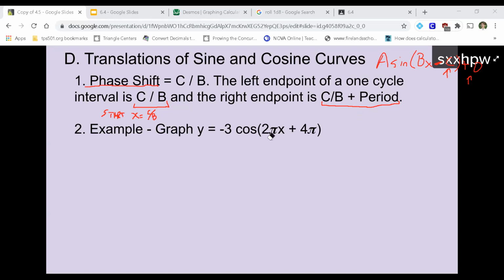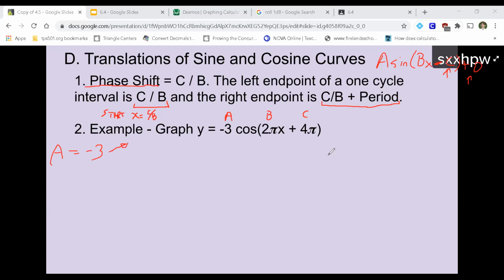So for example, if we wanted to graph this one, again, we're going to break it up into our parts. This is A, this is B, this is C. So A is -3. Again, that tells us two things.